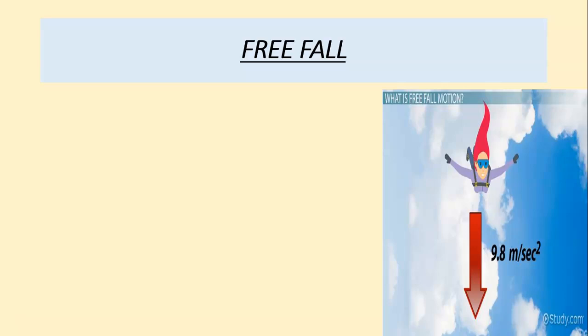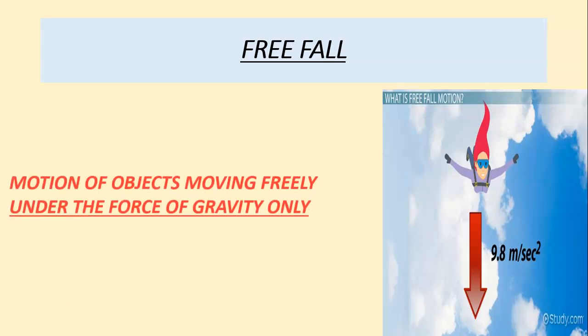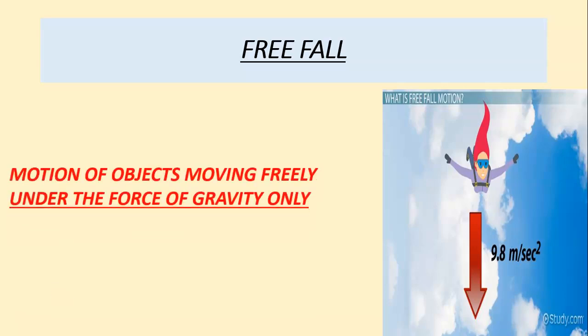The paper took more time to reach the ground due to the opposing force of air. Thus, true free fall is possible only in vacuum. So, free fall is the motion of objects moving freely under the force of gravity only.